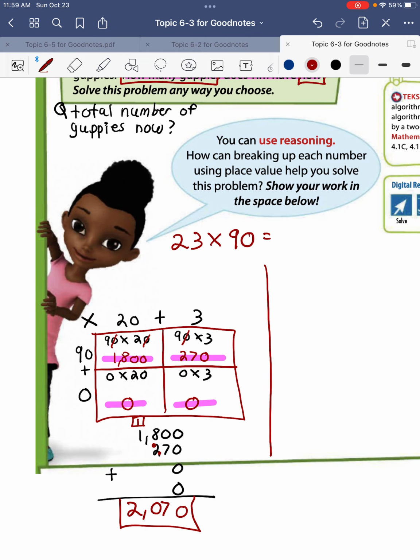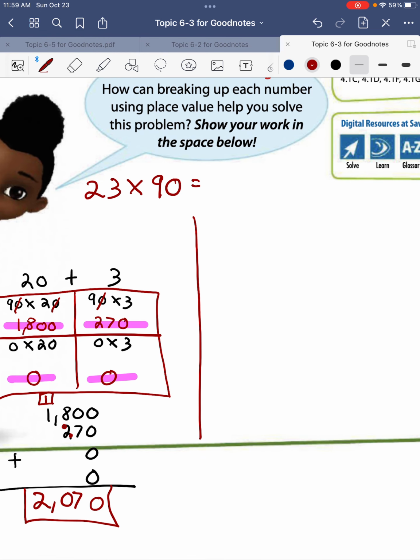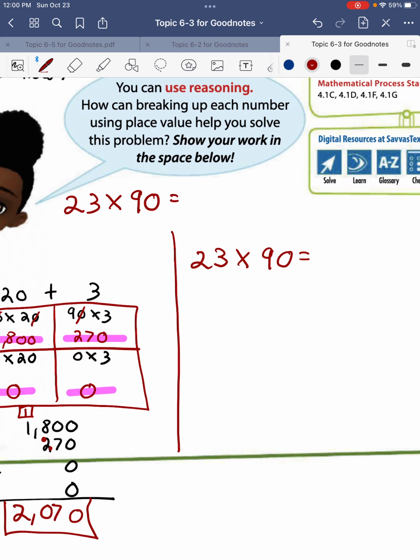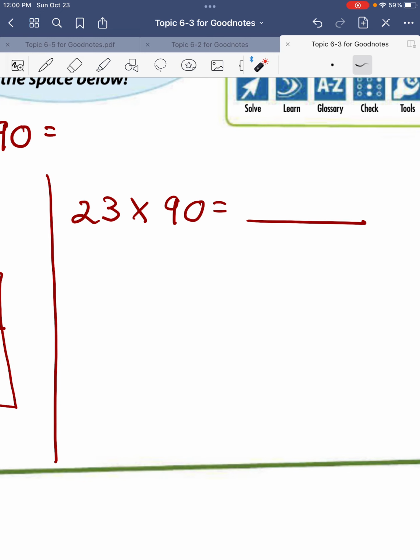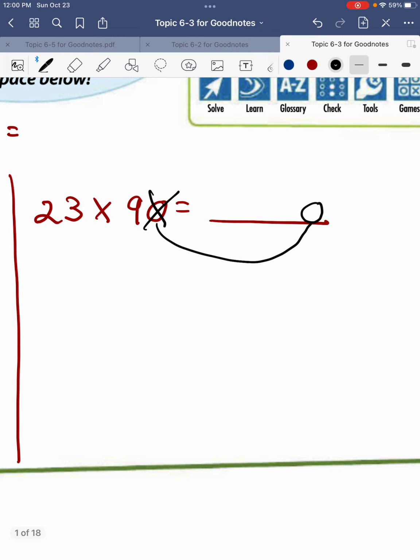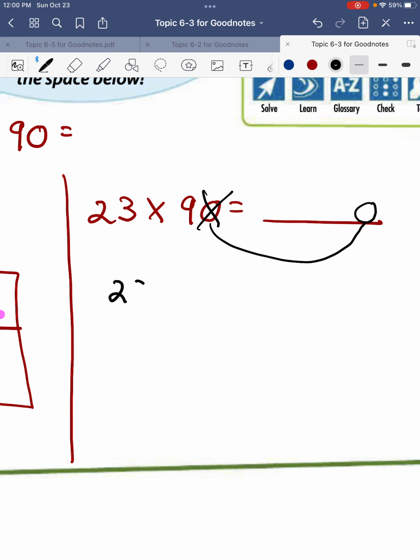A faster way for us to do this is to write it like this. 23 times 90 equal sign, and then my line. Okay. Now, if I look at this equation, I notice that I have an egg. It's right here. So I can just move this egg and drop it over here, cross it out. Now, all I'm left with is 23 times 9. So I can just write it the standard way. I can do 23 times 9.